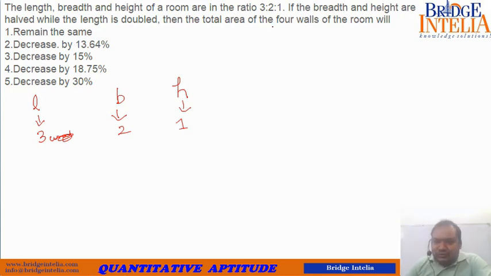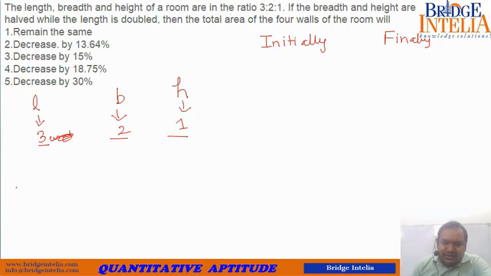So you have to find the total area of 4 walls in 2 different scenarios, initially and finally. That means you are changing the dimensions of the room to see what happens to the area of the 4 walls. This is the initial condition. So what is the final condition?